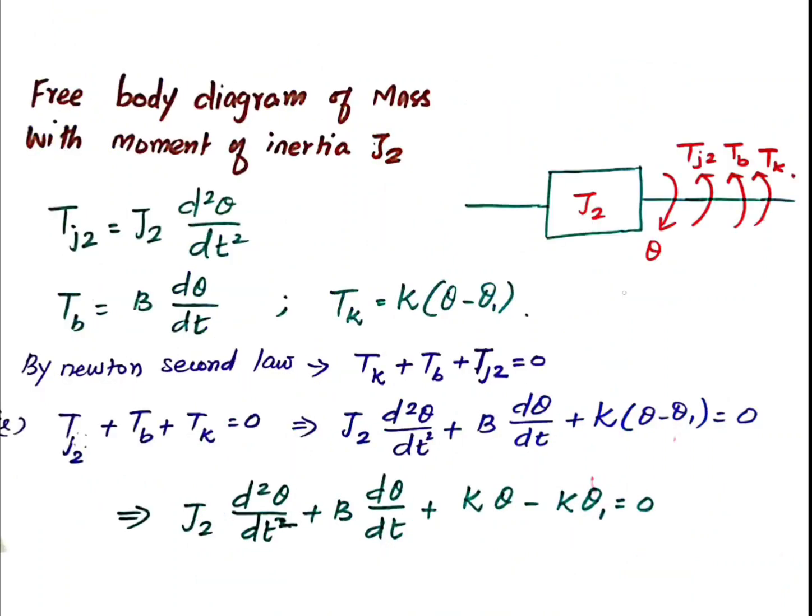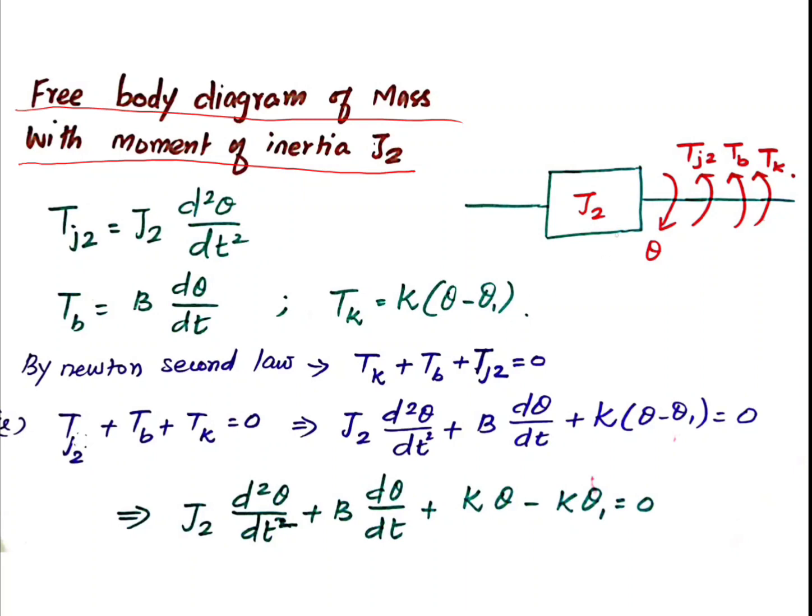The second equation is related to the moment of inertia of the second node. That is the free body diagram of the mass element with moment of inertia J2.